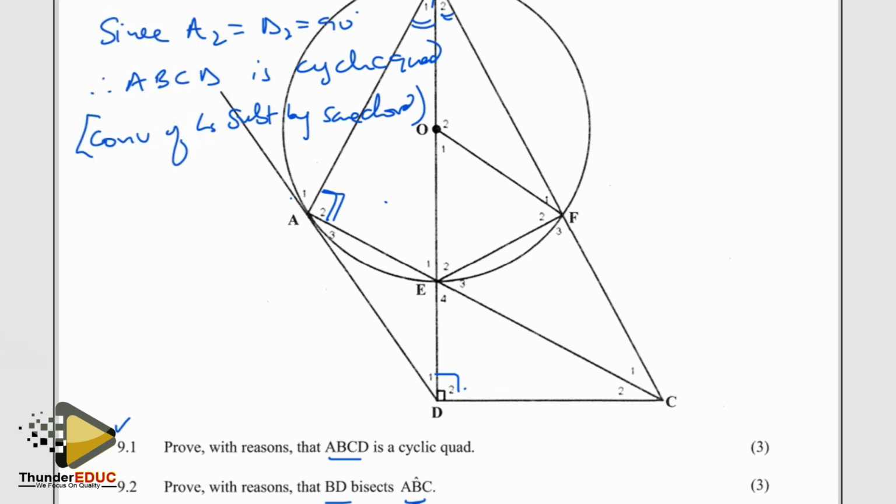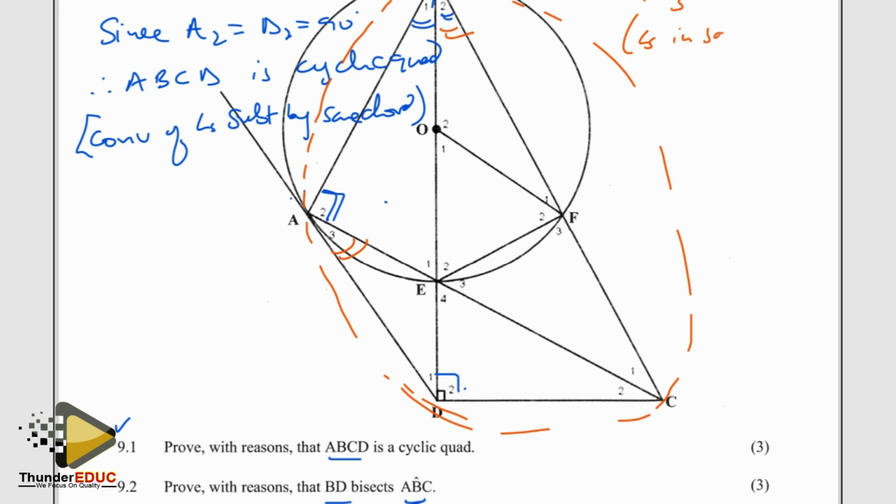I can start by saying that since I've proved that this is a cyclic quad, there is some sort of circle, so this angle A3 is going to be the same as B2 because of the bow tie: angles in the same segment, or angles subtended by the same arc.